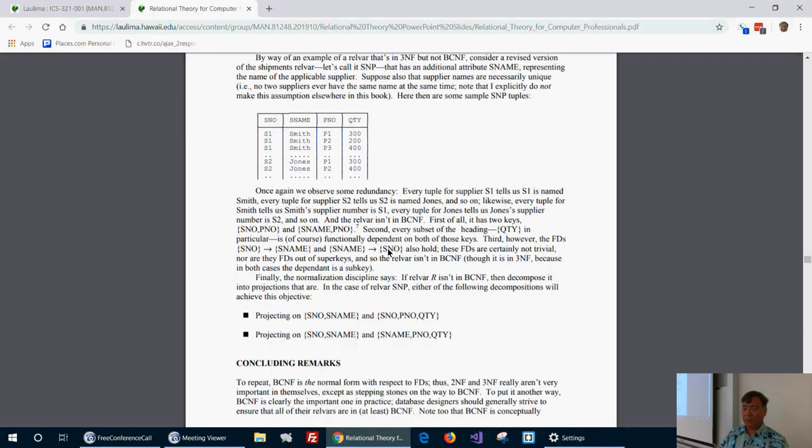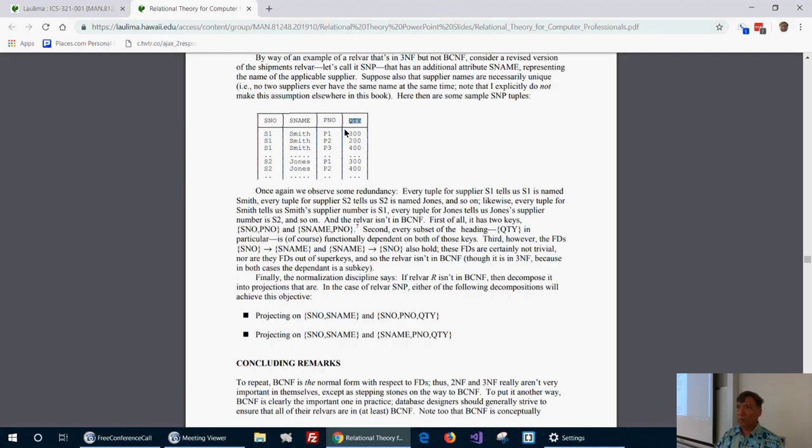I'm trying to explain this in the terms that he's presented here, but can't. This depends on this, and this. Okay, this depends on the whole key and nothing but the key. So it's in third normal.